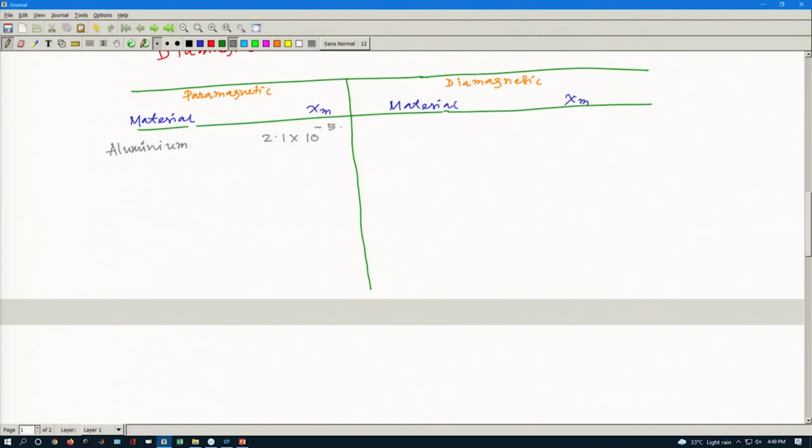You just see the order here. Another example I can put is sodium, and for sodium this is 0.85 times 10 to the power of minus 5. Then magnesium is another example.